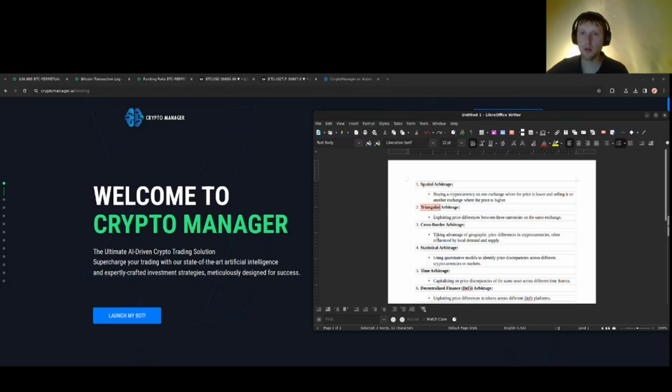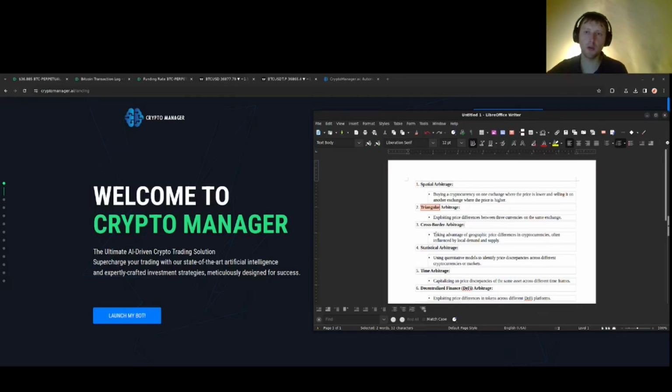Another option is triangular arbitrage, where you have three different trading pairs. We are trading against one asset, for example USDT, and you can trade these assets, and in the end you will have the same result. You are not taking any position or guessing any price direction.